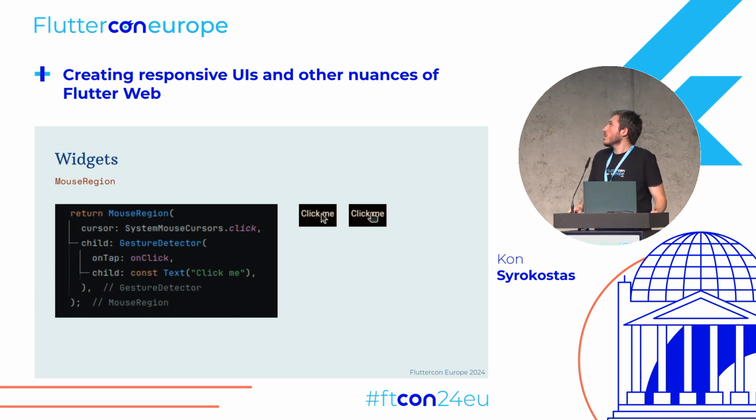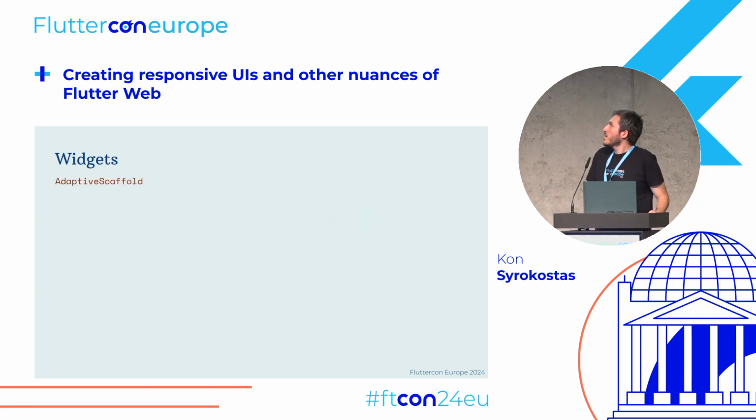It's worth considering that this doesn't have to be a click cursor. It can be anything, a select cursor or whatever, but it's very handy. Don't use it to avoid system buttons or Material buttons. They are obviously better because they also take care of accessibility and other things. But if at some point you really need this behavior, you can use a MouseRegion.